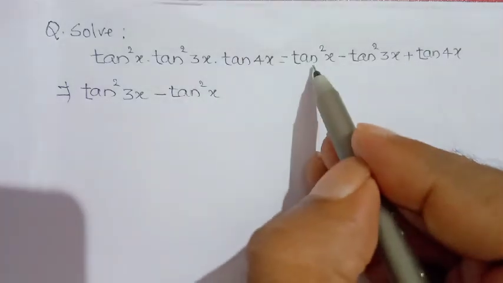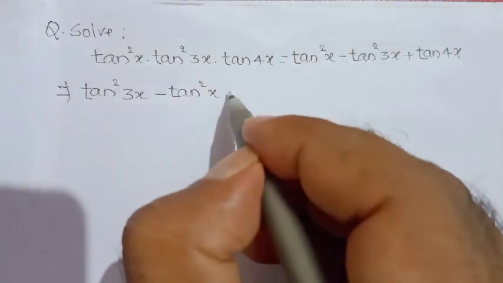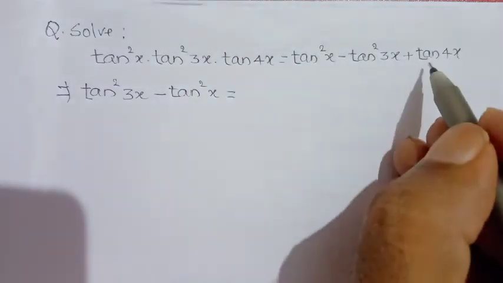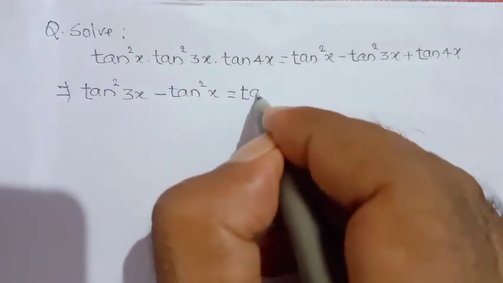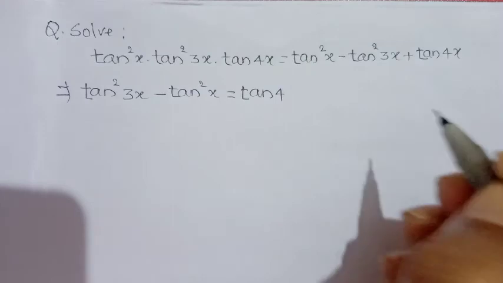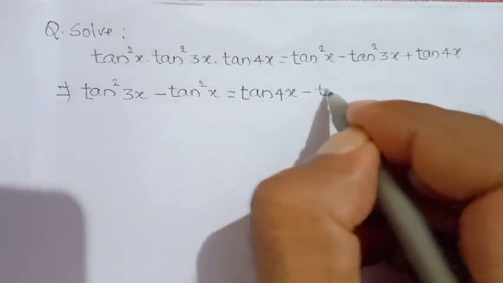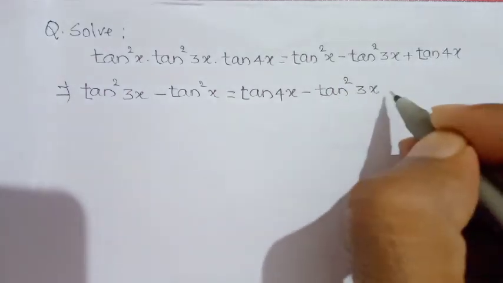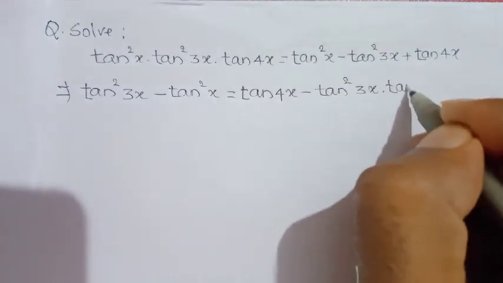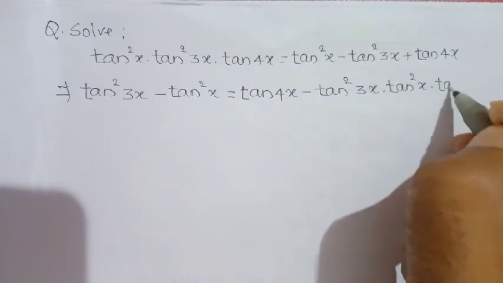This becomes negative and this will be positive. And on the right side, first write that term tan 4x minus tan square 3x into tan square x into tan 4x.